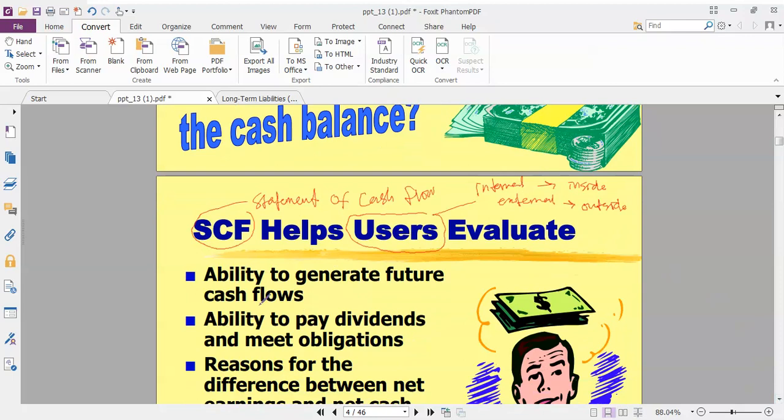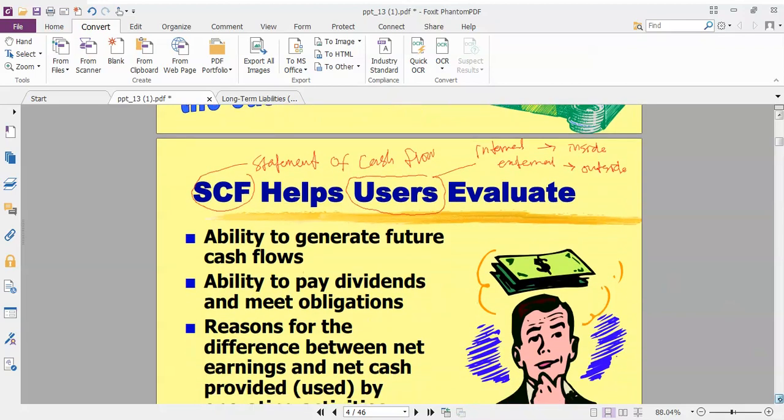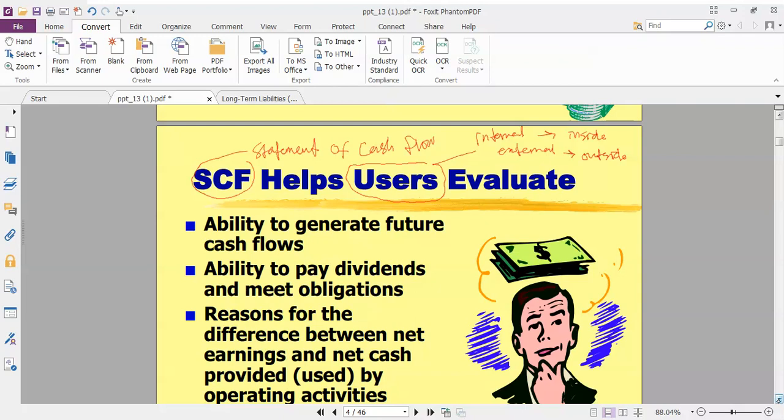Ability to generate future cash flow, and ability to pay dividends and meet obligations. If we have the statement of cash flow, we can know the ability of our company to generate cash in the future or not, and whether our company has enough cash to pay the dividends.